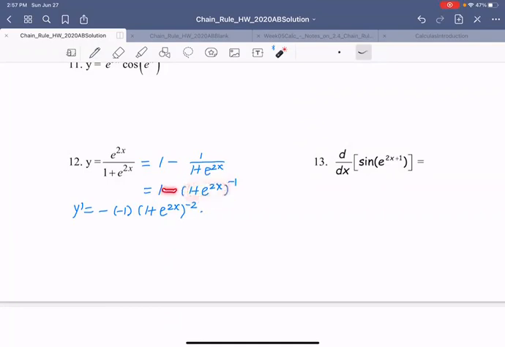You are using the power rule here, but the inner layer is this guy. One's derivative is 0, e to the power 2x's derivative is e to the power 2x. Because this is 2x, not x, you need to do the 2x derivative, which is 2. So you times 2. This equals 2 times e to the power 2x times 1 plus e to the power 2x to the power of negative 2. Okay.